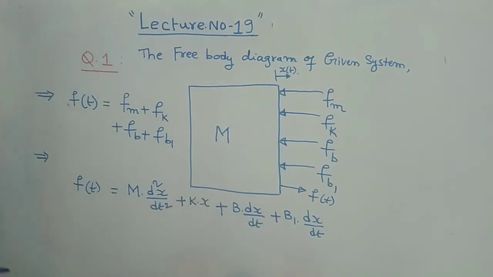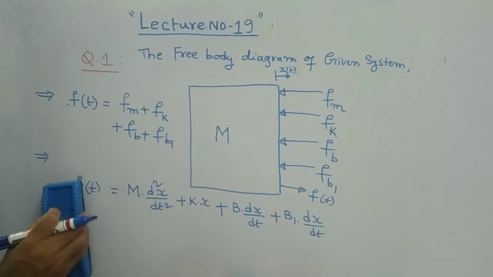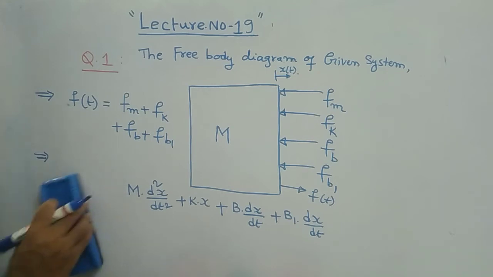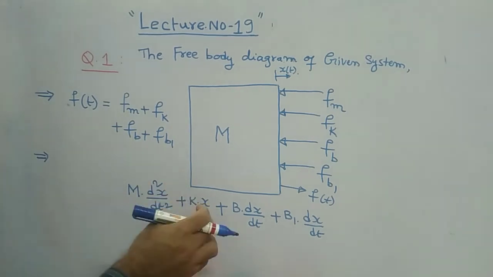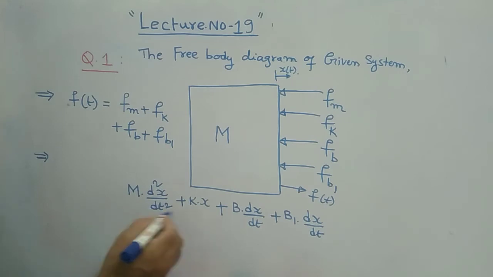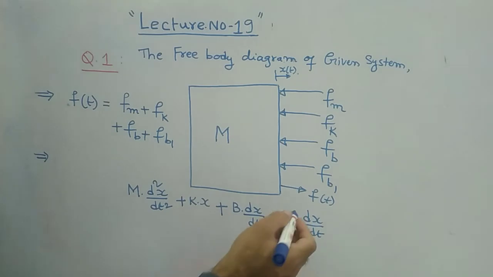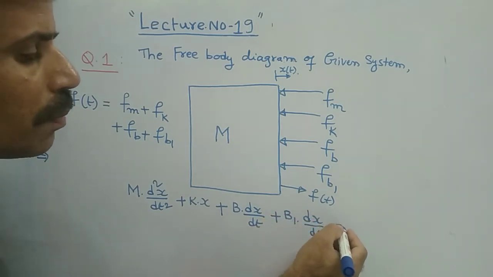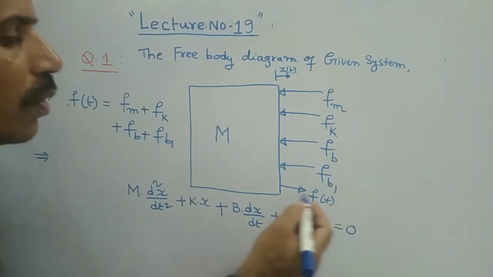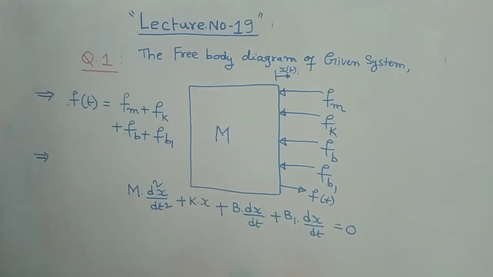First of all, if you equate all the forces, the force with the mass, the force with the spring element, the force with respect to the dash part, and the force with respect to friction, and sum all these equal to 0, this is your differential equation.